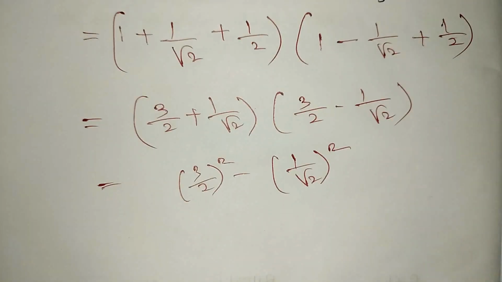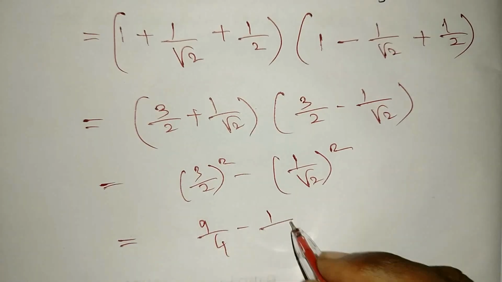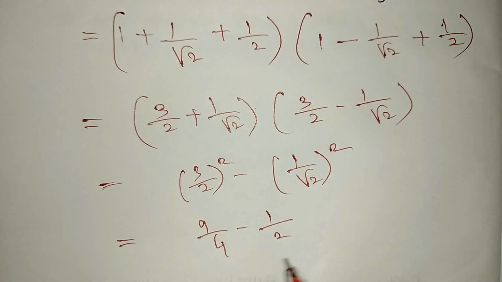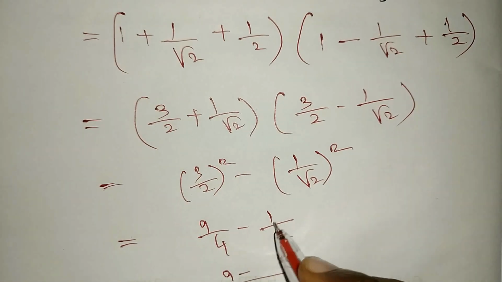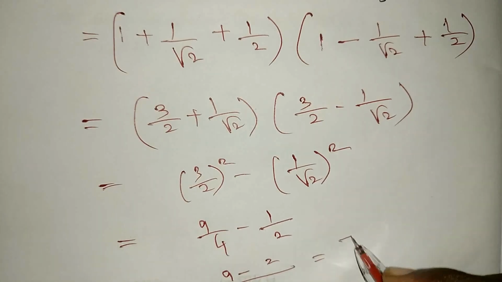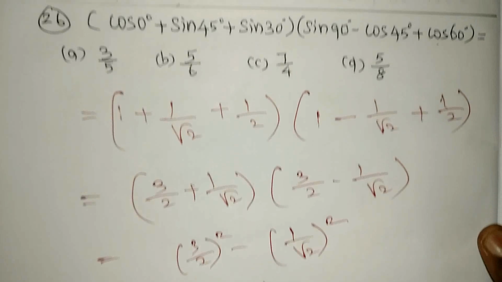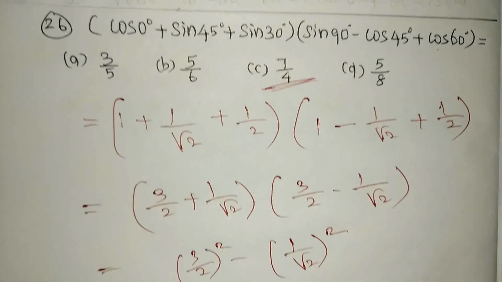Now the square is common for both numerator and denominator. So you will get 9 by 4, and here 1 by 2 because after squaring you will get only the 2. Now take LCM for this. So I'm taking 4, 9 minus, and here you will get a 2, which is equal to 7 by 4. 7 by 4 we are getting. So where we have 7 by 4? Yes, option C we have. Right. I hope you'll understand this.